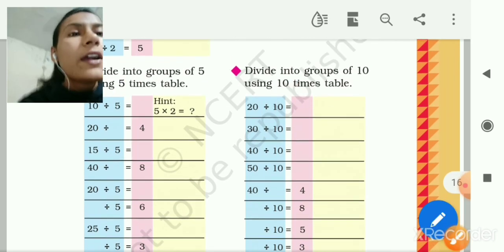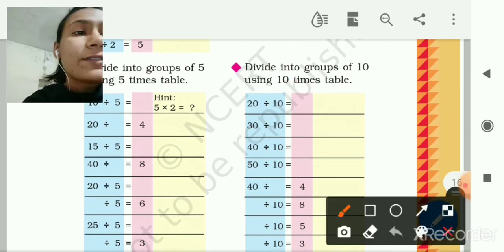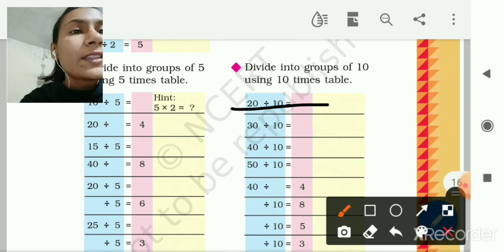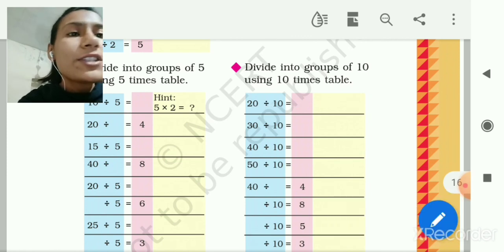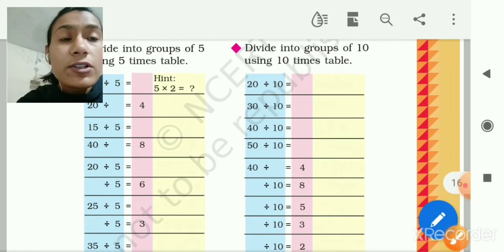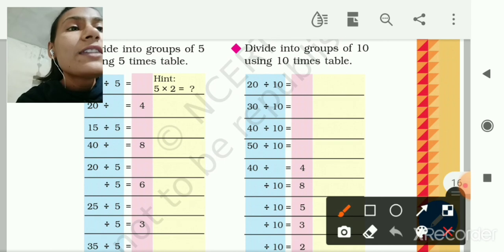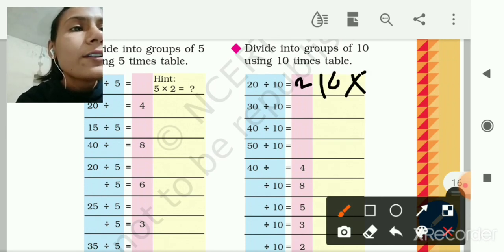Then 20 divided by 10 is equal to how many? So here we have to divide into groups of 10 using which table? The 10 times table. So this one is easy. You can also write it yourself. 20 divided by 10 is equal to 2. 10 2s are 20. Then 30 divided by 10 is equal to 3.